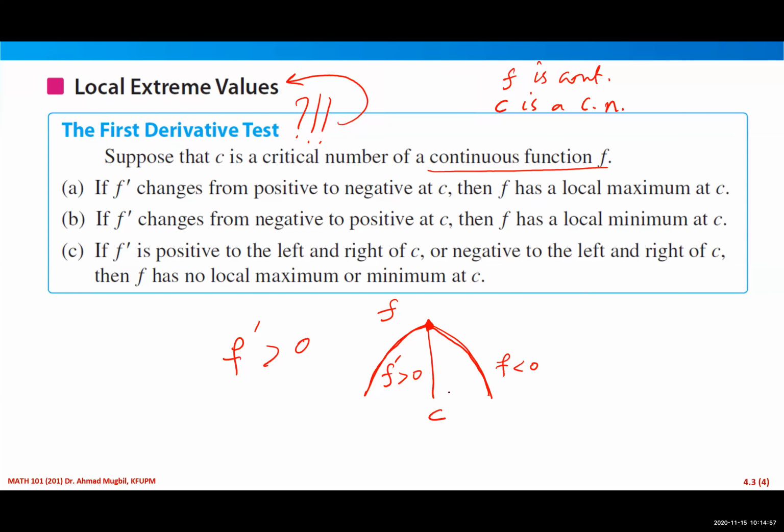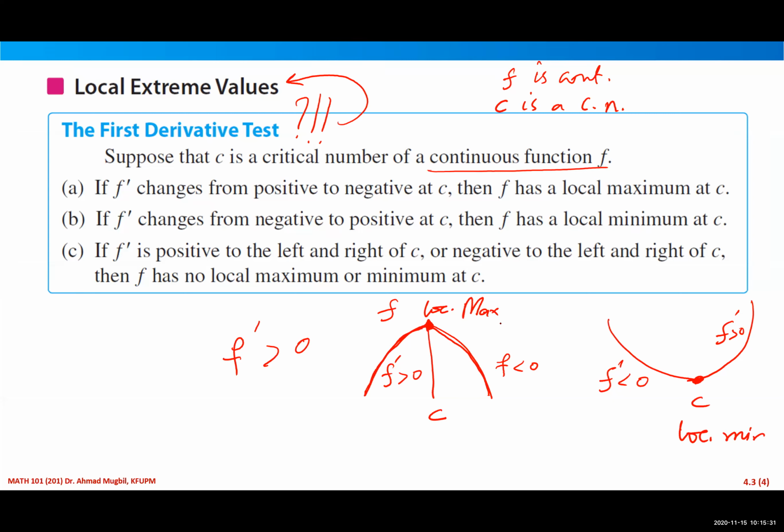At C, this is C. So this is the value of the function at C. Now, at C, the derivative changed from positive to negative. So at C, we will have local what? Local maximum. If the function was decreasing, the first derivative is negative, and then it becomes positive, then at this point we will have local minimum. Here we will have local maximum.